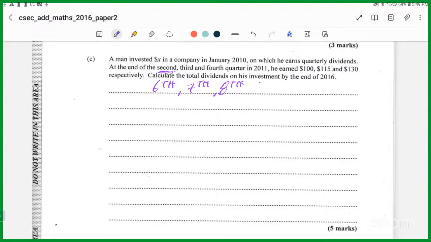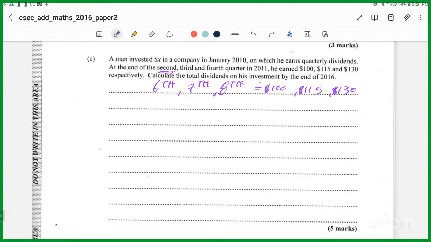The 6th, 7th, and 8th are 100, 115, and 130. Now clearly that's an AP. 3 consecutive values and they differ by 15, so an AP with a common difference of 15.